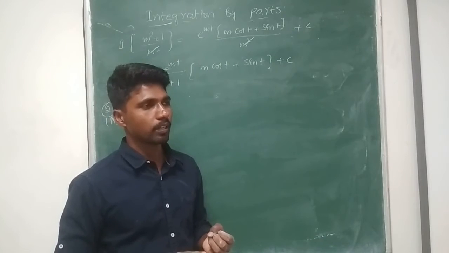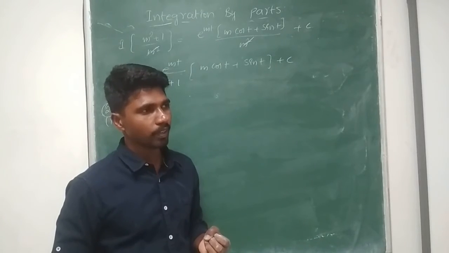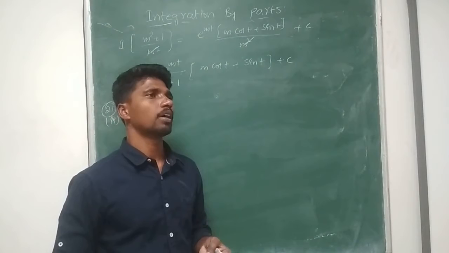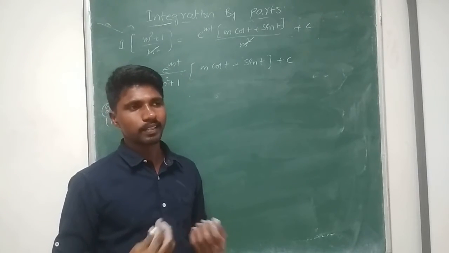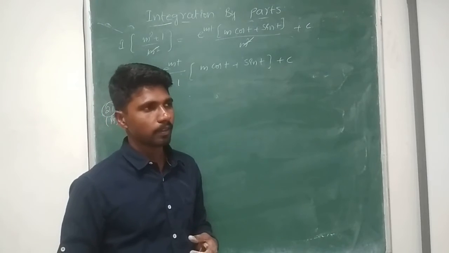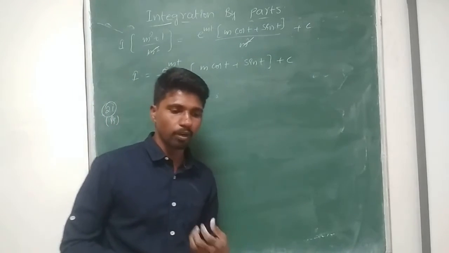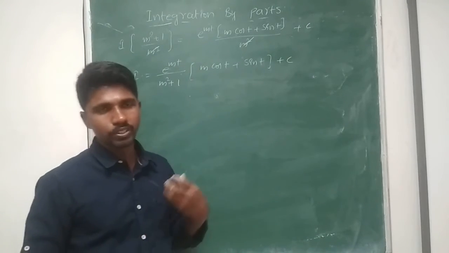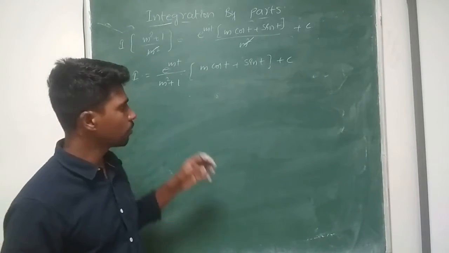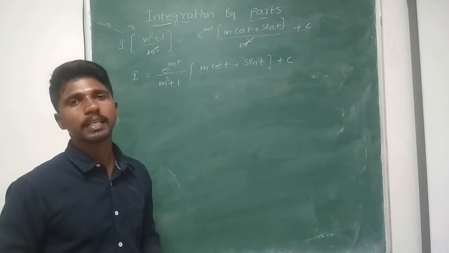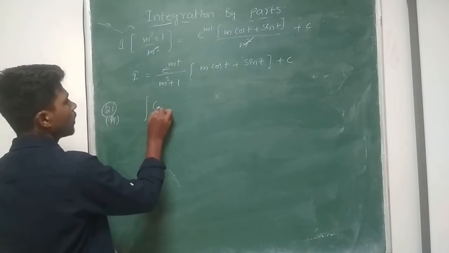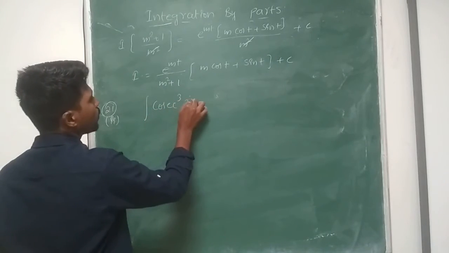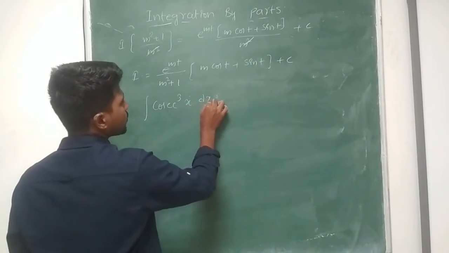So we found cosecant power even, and we found cosecant into cot forms, secant into tan forms, and we didn't find cosecant power odd. So if you get cosecant power odd, we have to use integration by parts. So given, find integral of cosecant cube x dx.